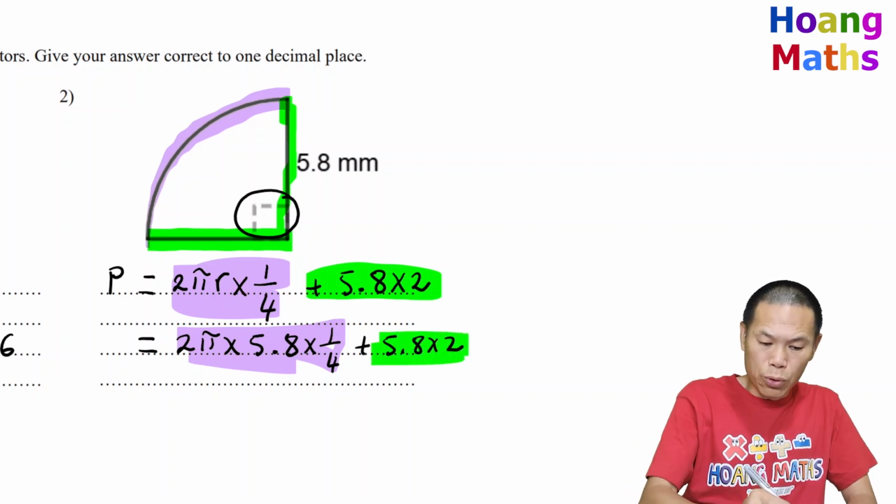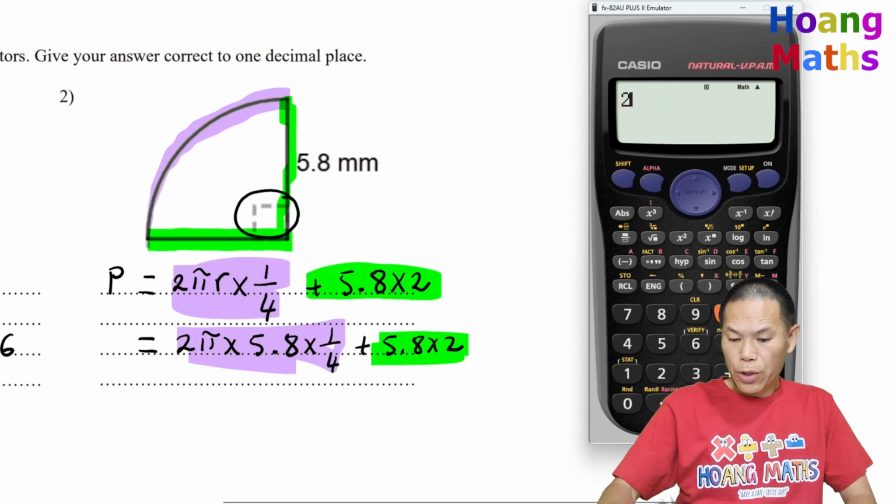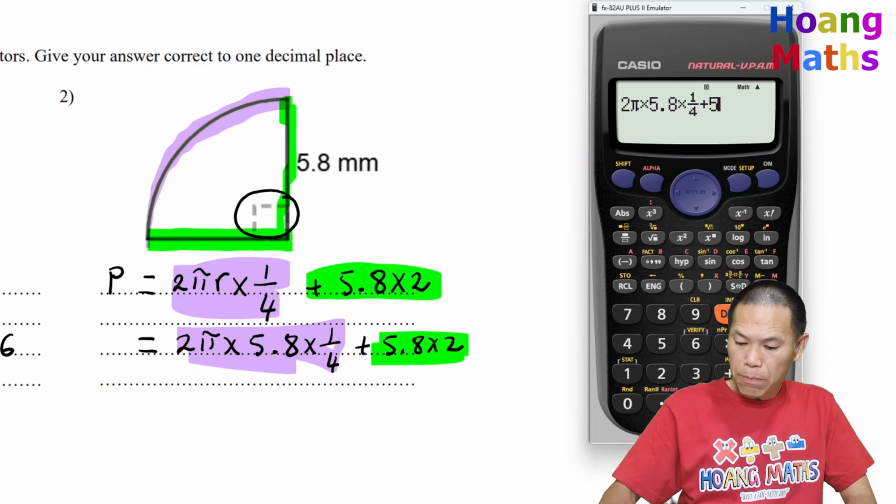So now I just put it in the calculator. So I just go 2 shift pi times 5.8 times 1 over 4. And then we add 5.8 times 2.